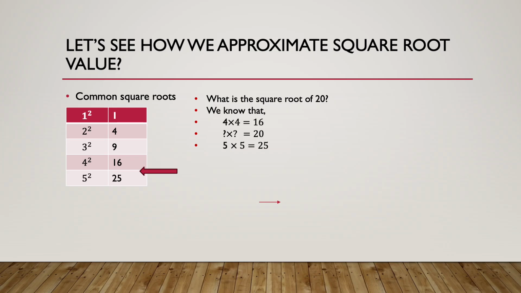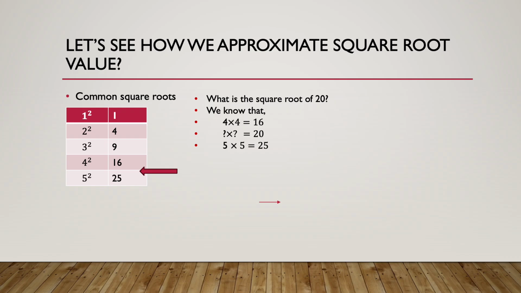We know that 4 multiplied by 4 is 16. So counting from 16 to 25, the 20 must be somewhere between 16 and 25.